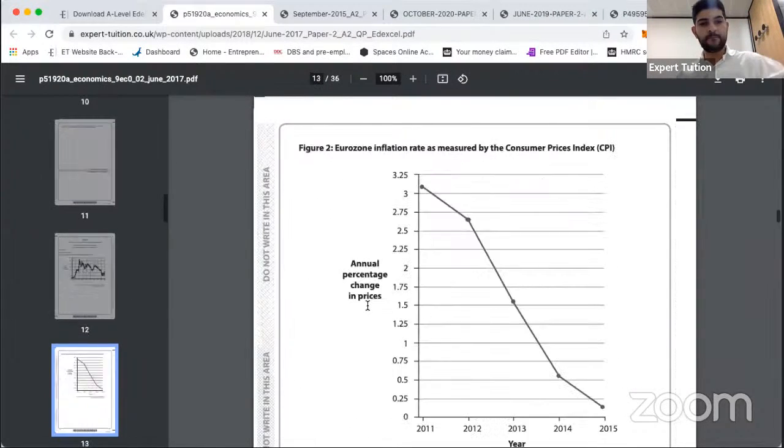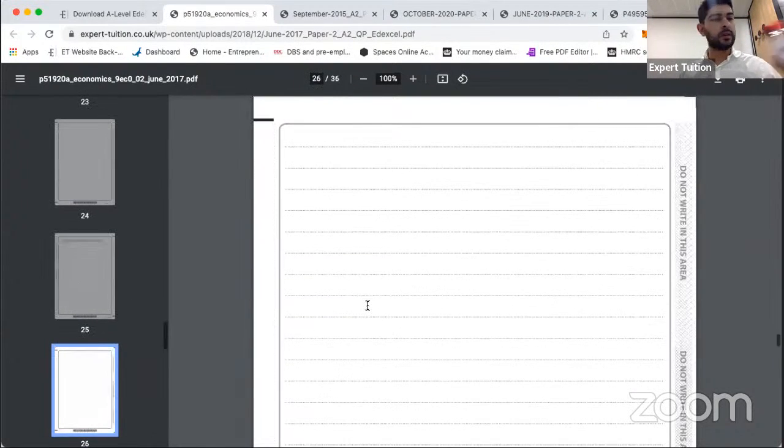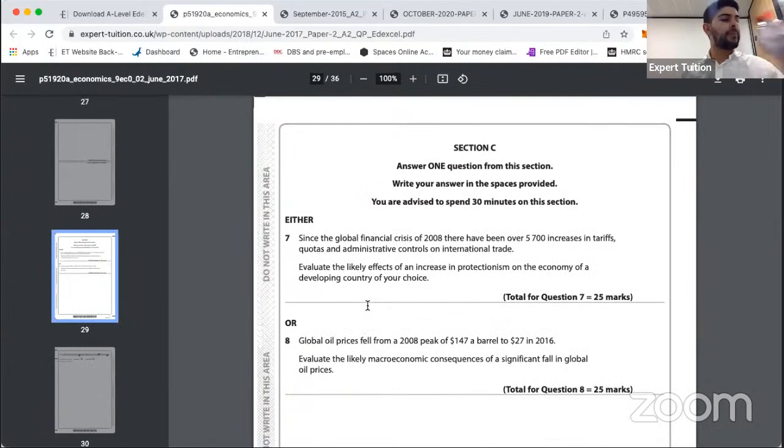In the 2017 paper, one of the 25 markers was this, number 7. Since the global financial crisis of 2008, there have been over 5,700 increases in tariffs, quotas, and administrative controls on international trade. Evaluate the likely effects of an increase in protectionism on the economy of a developing country of your choice.